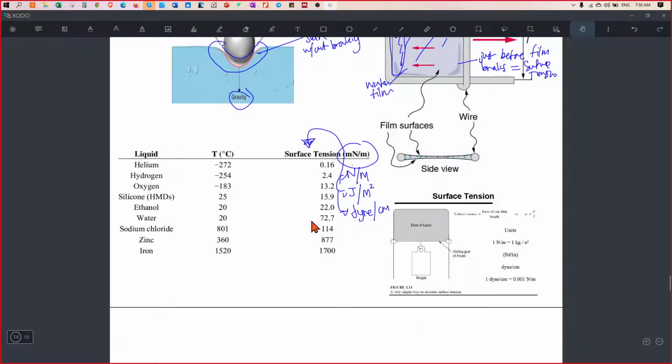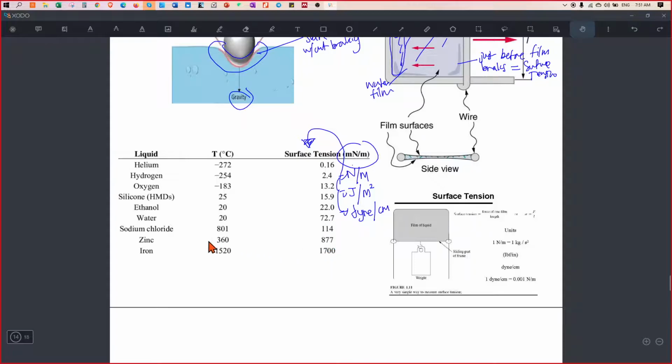And you can see that with other liquid substances, the surface tension is a lot lower. Look at helium, that's only 0.16. Look at ethanol. Ethanol is a liquid, right? Pretty much looks like water, the pure ethanol, but the surface tension is only about one third of water.